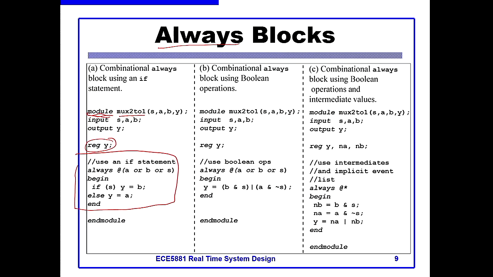All right, so the way the always block can be thought of is it's generating execution of this block when one of these signals A, B or S changes. So when we get a change in one of these signals, you then have to re-evaluate that block.